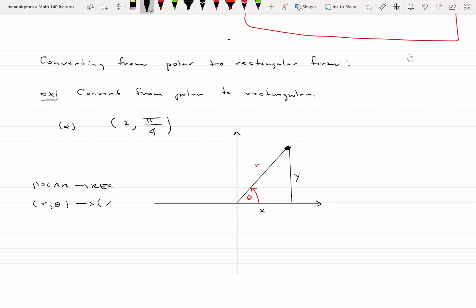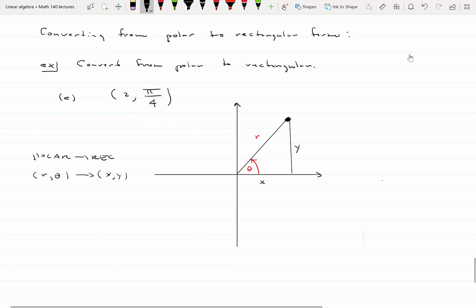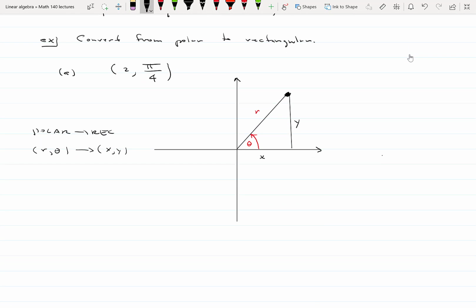I need an x and a y. So I need a formula that's going to say x equals something and y equals something. I'm looking for rectangular. So what's the relationship? Let's just look at one coordinate at a time. What's the relationship between x and r and theta? Just x. Don't worry about y. Just x, r, and theta. Okay. Here's your hint. I'm drawing in the right angle. It's a little virtual triangle here.